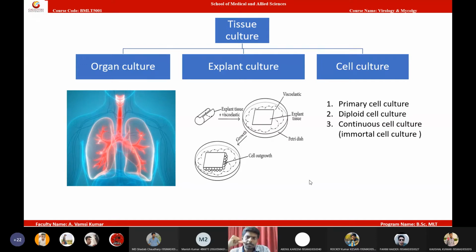The problem is there is a high demand for these tissue cultures globally. Many industries are in grave need of tissues for viral studies, and they don't have many fetuses.